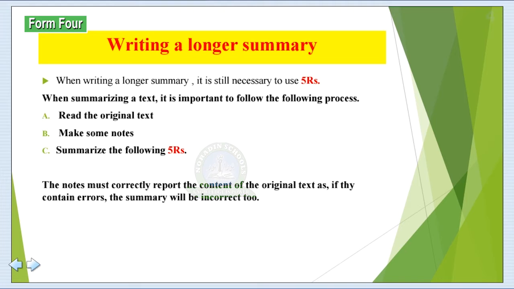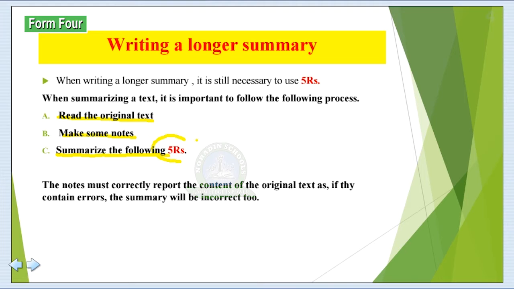Read and understand what you are going to summarize. Number 2, make some notes. Then summarize following the 5 R's: reduce, reject, reward, reproduce, and repackage.